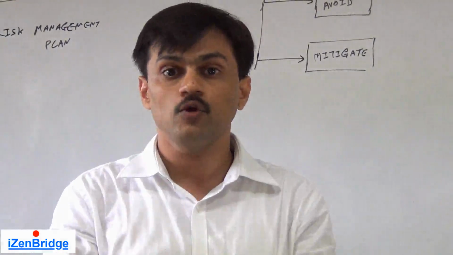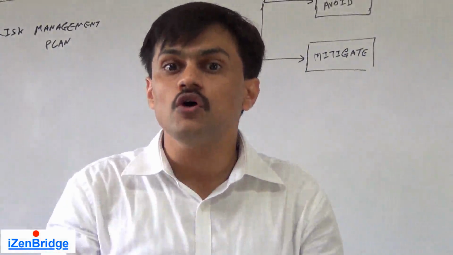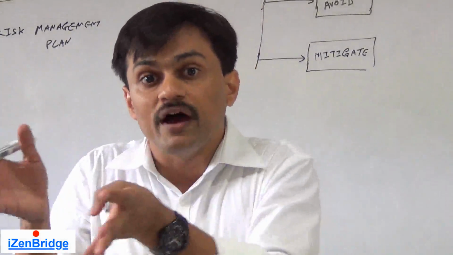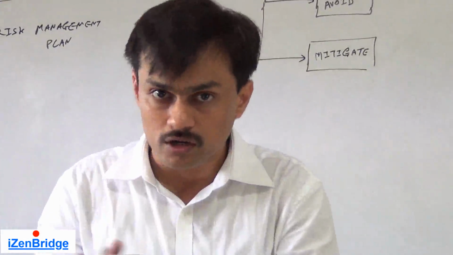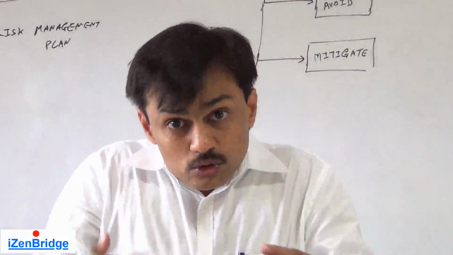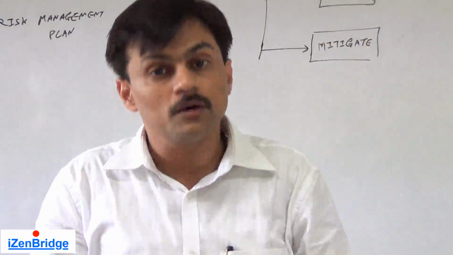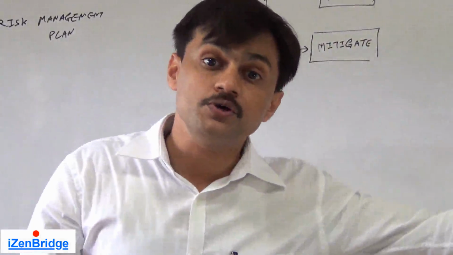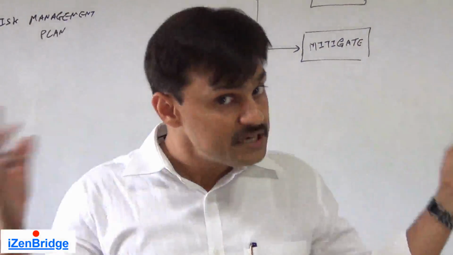Or you may increase the frequency of review and monitoring of the vendor-related procurement work. So these kinds of mitigation steps you take, and by taking those steps you try to reduce the probability of delaying that particular deliverable. Mitigate strategy.